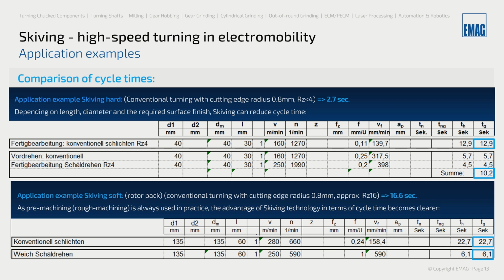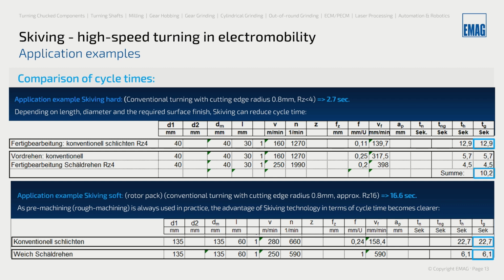Next is the comparison of cycle time. First example, we have a hard turning process. We have conventional turning with a cutting edge radius 0.8 millimeters, and we need a surface with RZ smaller 4 microns. And depending on lengths and diameters and the surface, the skiving process can also reduce the cycle time.